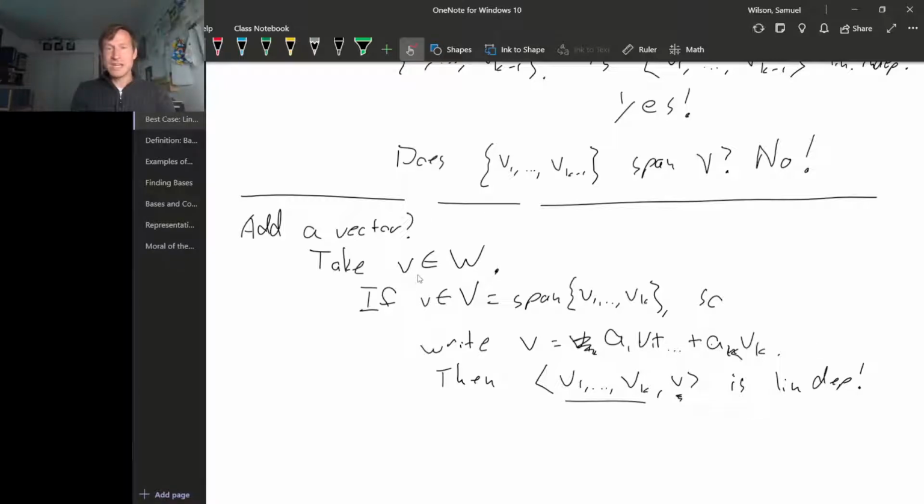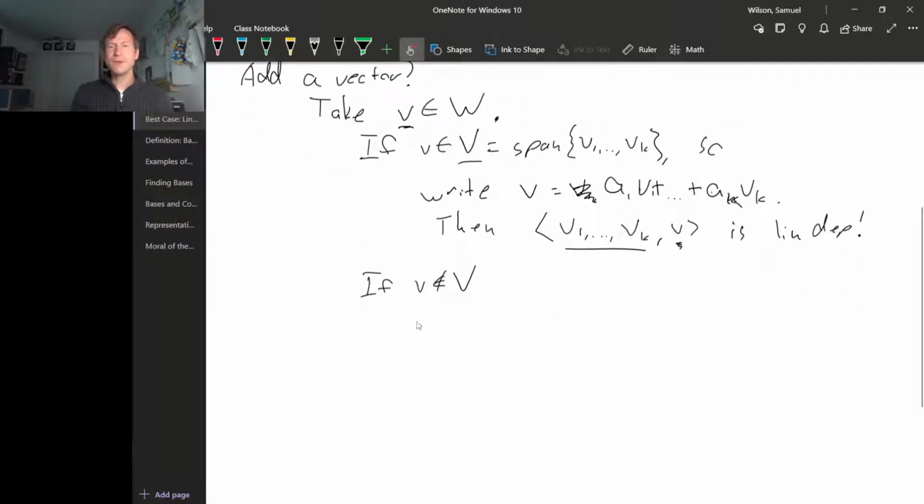Okay, so if this vector that we're adding is in V, then we can't keep linear independence, right? Well, the other case is, what if v is not in big V? Well, if v is not in big V, then the span of v1 through vk together with v, remember we're adding v, can't be big V, right?